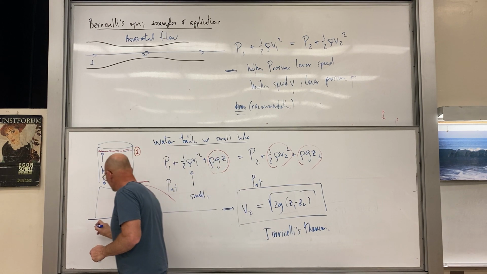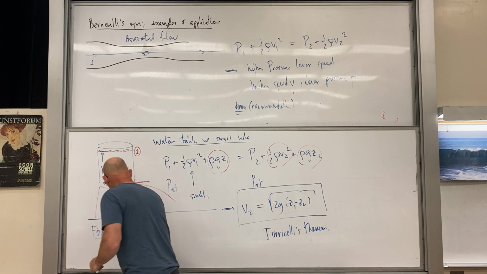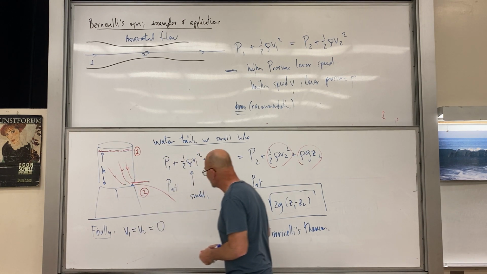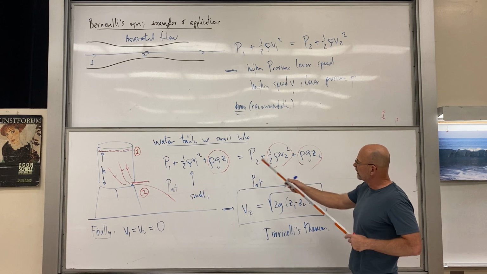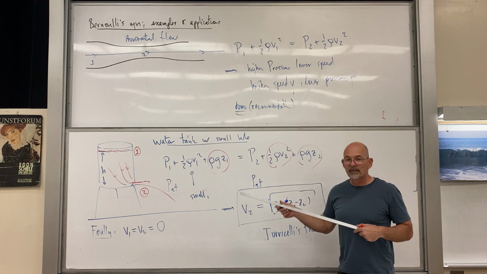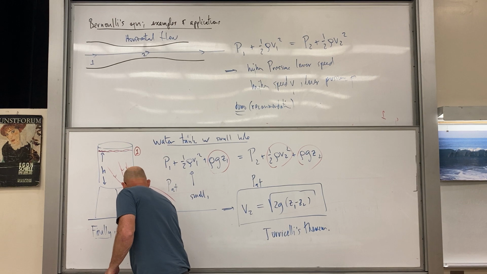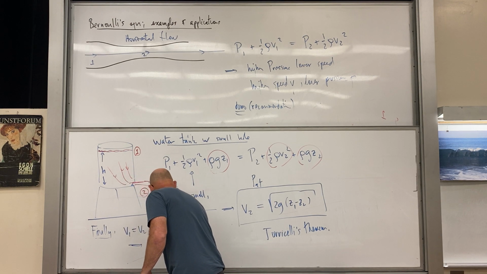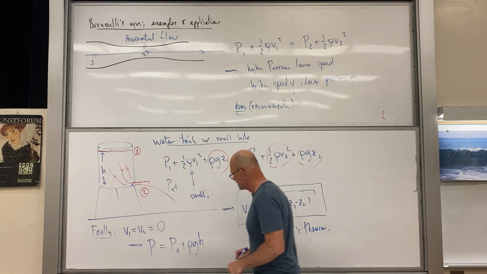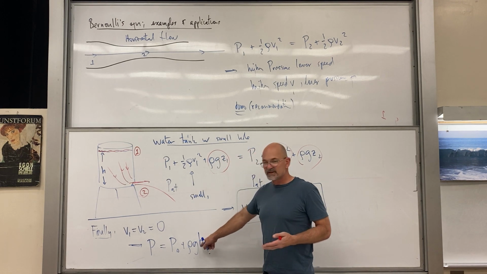So finally, I'll write here v1 equals v2 equals 0, and then a closer look at this shows us that we just have the pressure depth formula. Then P equals P0 plus rho g h, the pressure depth formula, or difference of z if you want as well.